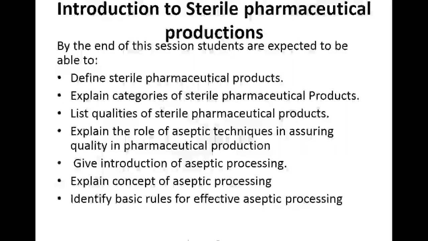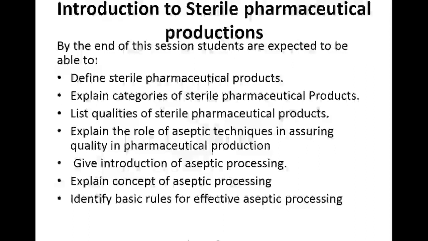And thus, by the end of these sessions, as a student, you are expected to be able to define the term sterile pharmaceutical production. Lazima tujue what is a sterile pharmaceutical production. And you are supposed to explain categories of sterile pharmaceutical productions. Indicator tujue ni zipi hizo sterile pharmaceutical products. We have to list qualities of sterile pharmaceutical products, and also explain the role of aseptic technique in assuring quality in pharmaceutical productions.